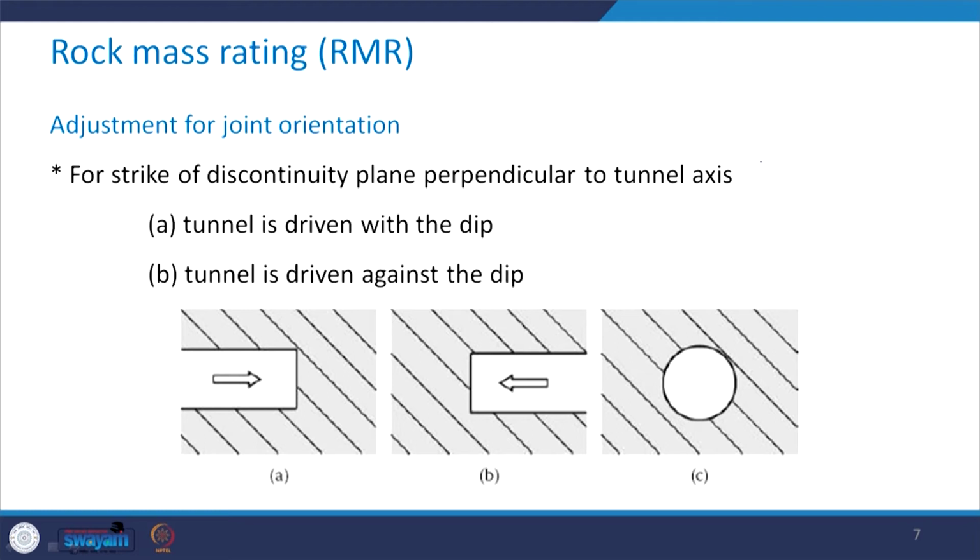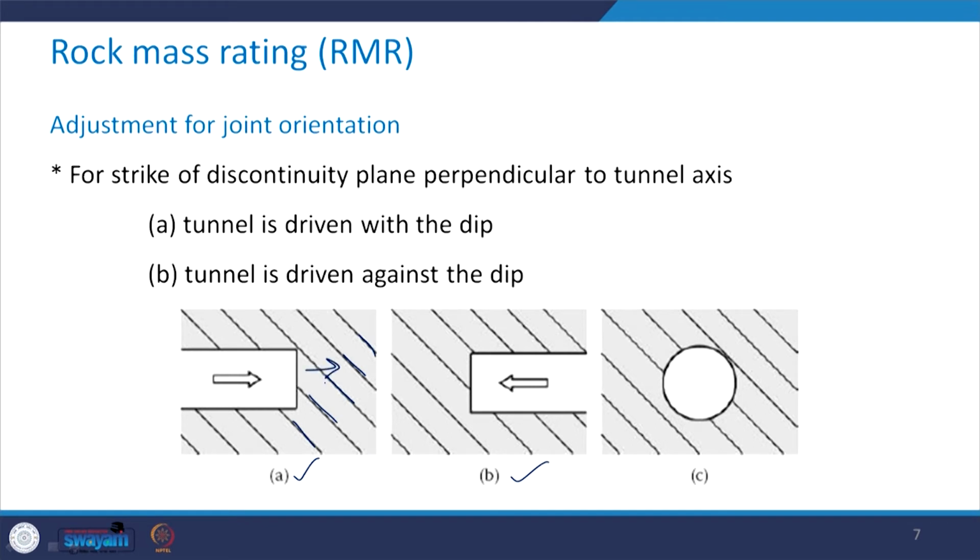For a strike of the discontinuity plane which is perpendicular to the tunnel axis, that means these 2 cases, the first situation can be that the tunnel is driven with the dip. So you see that all the discontinuities are dipping in this direction. These joint sets are dipping in this direction, and the tunnel is also being driven in this direction.